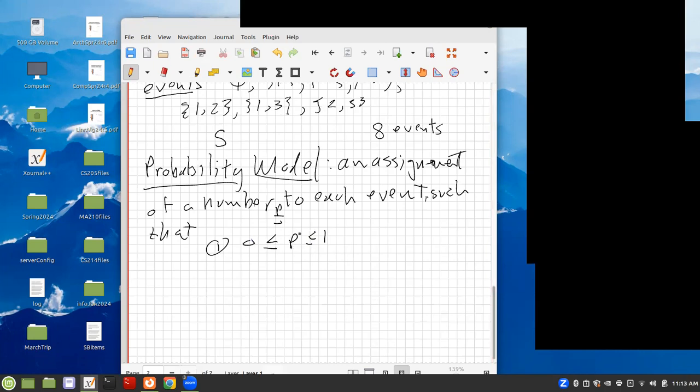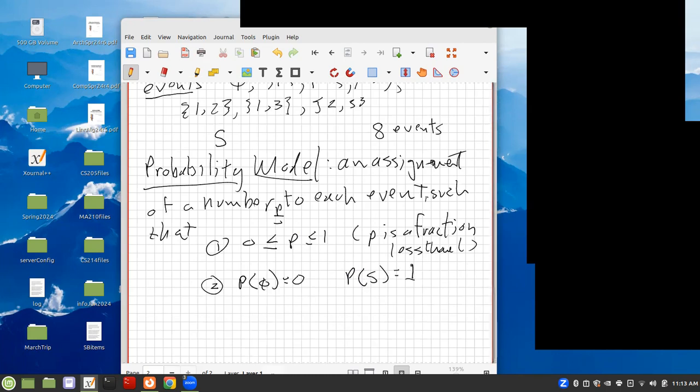Okay, so it's a fraction, a positive fraction less than or equal to 1. And the second requirement is that P, we're going to use a capital P, of the empty set equals 0, and P of the whole sample space equals 1.